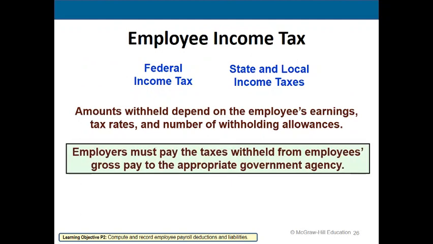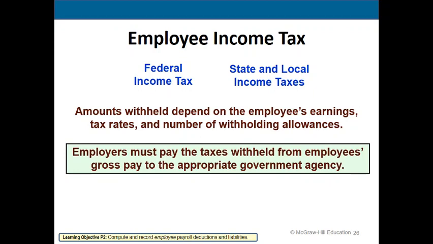On top of FICA taxes, you've got to withhold employee income taxes, which definitely you have to withhold federal income tax, and depending on the location, you may have to deduct state and local income taxes.